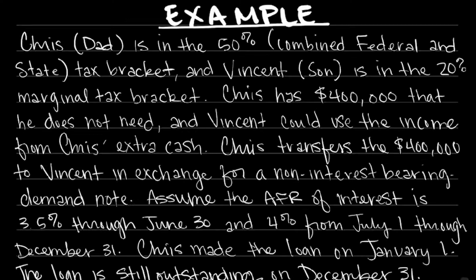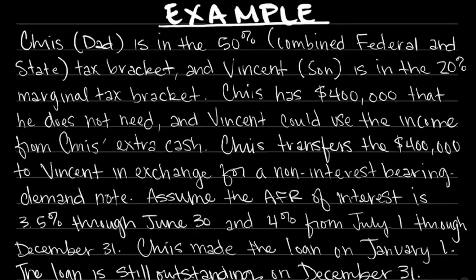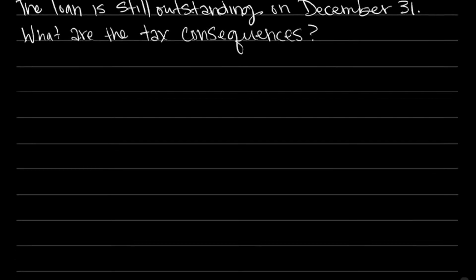So Chris transfers the $400,000 to Vincent in exchange for a non-interest-bearing demand note. Assume the applicable federal rate of interest is 3.5% through June 30th and 4% from July 1st through December 31st. Chris made the loan on January 1st, and the loan is still outstanding on December 31st. So the question is, what are the tax consequences?